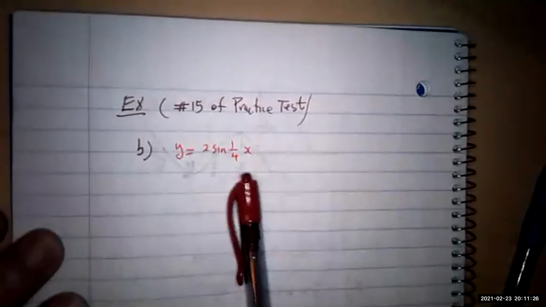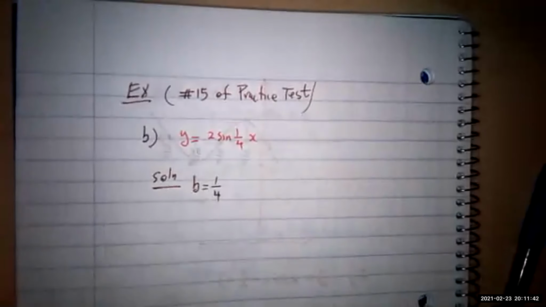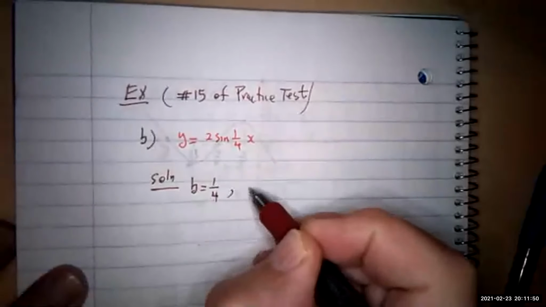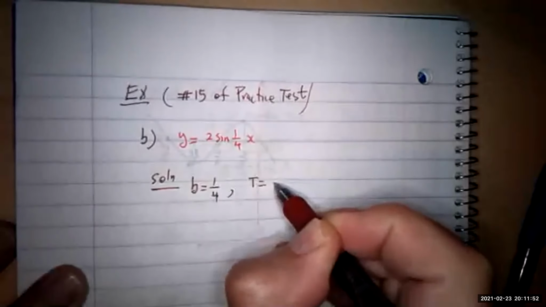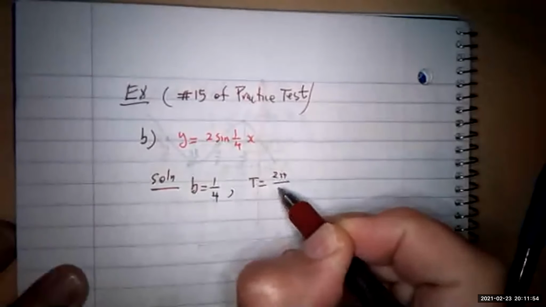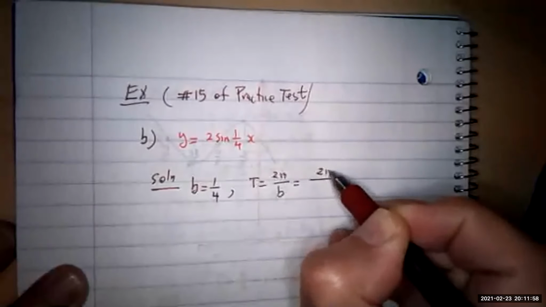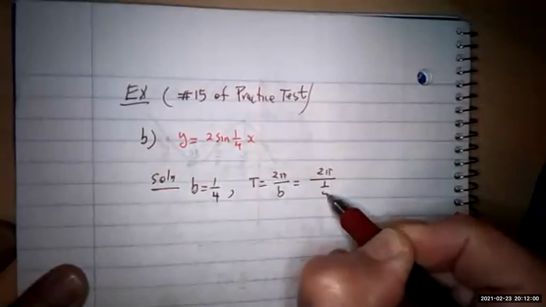There's always going to be a coefficient; we are not going to give, of course, just sine x. So b is equal to a quarter. We are going to find the period. The period is 2 pi over b. So we get 2 pi over a quarter.